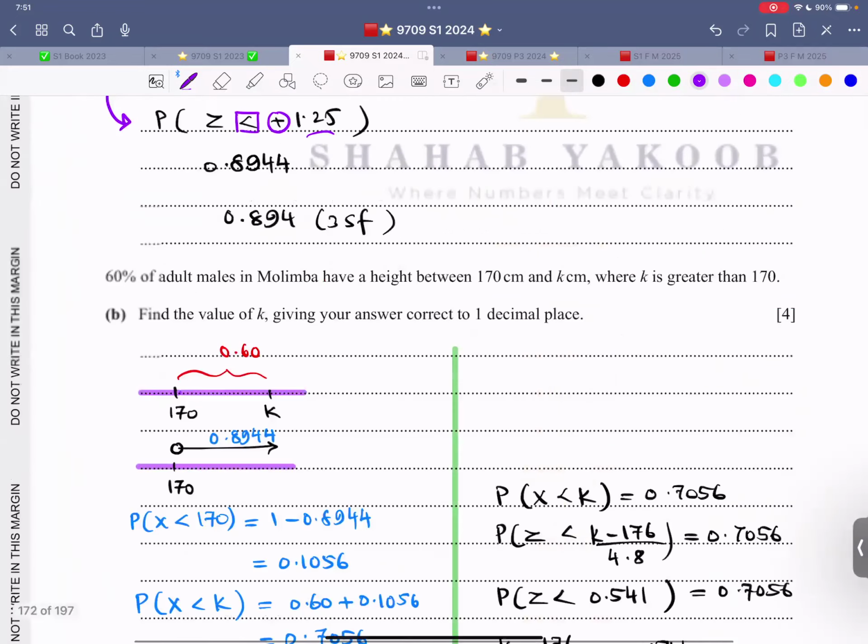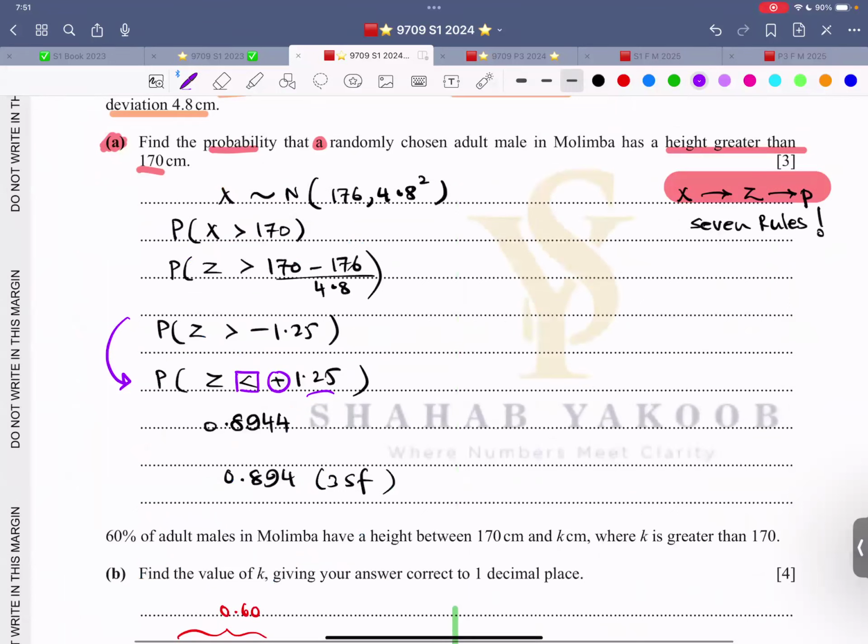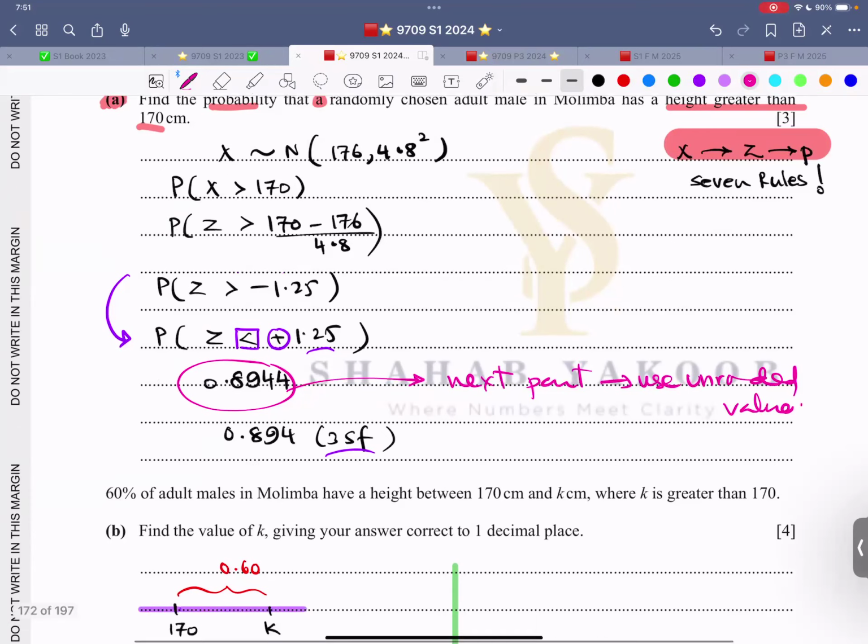So now over here, this is 0.8944. And then you write it to 3 significant figures. For example, if you are using this for the next part, which you will be, for next part, use unrounded value. So that's a general rule that was there from O-level maths.